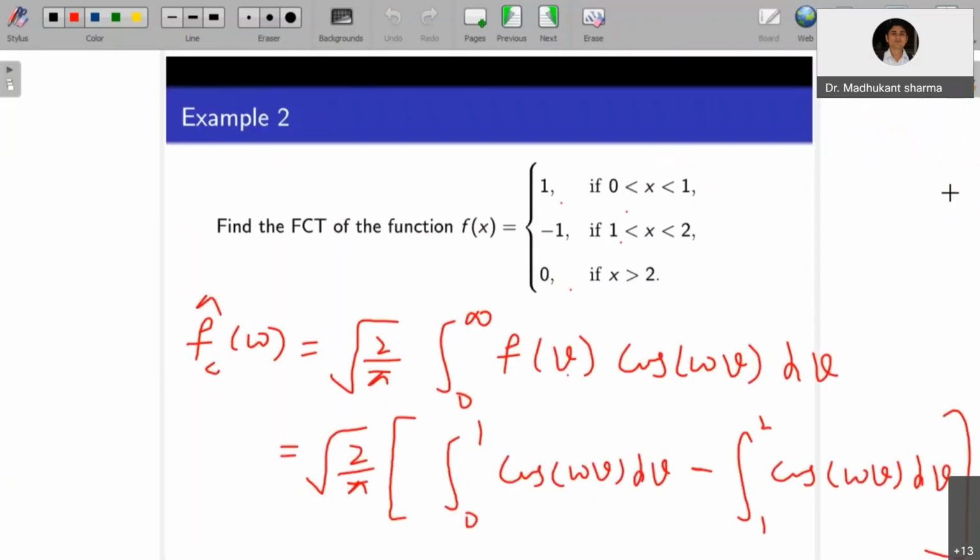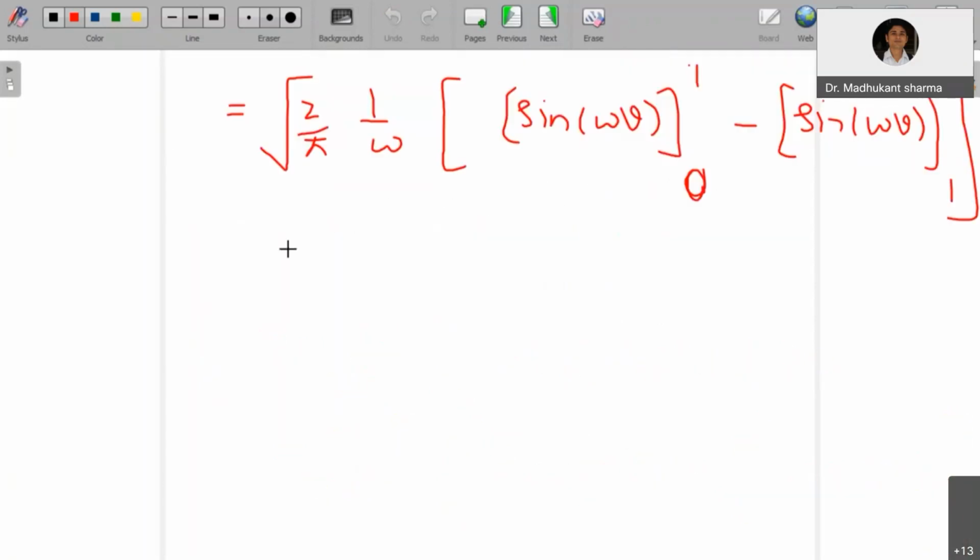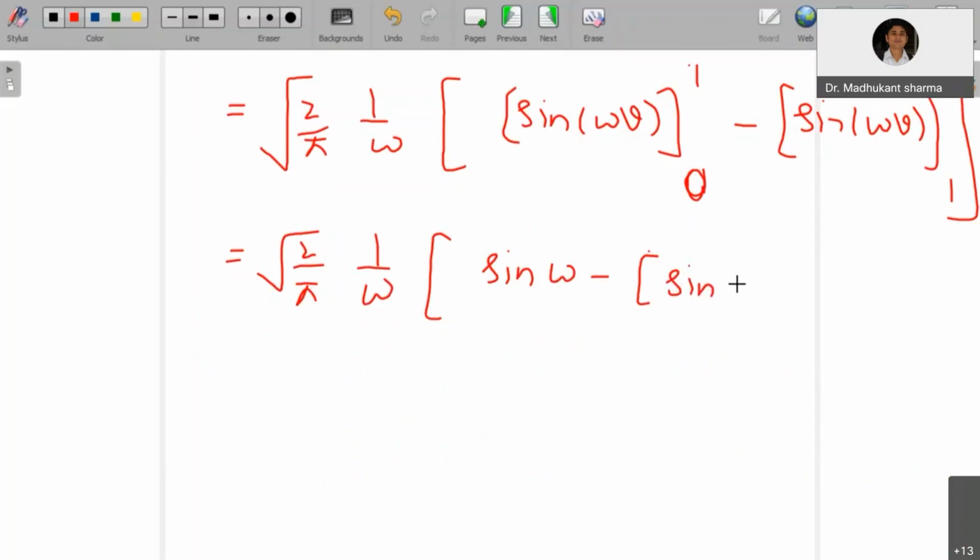So this is going to be square root of 2 by pi times 1 by w times sine w minus sine 0, which is 0, minus sine 2w minus sine w.